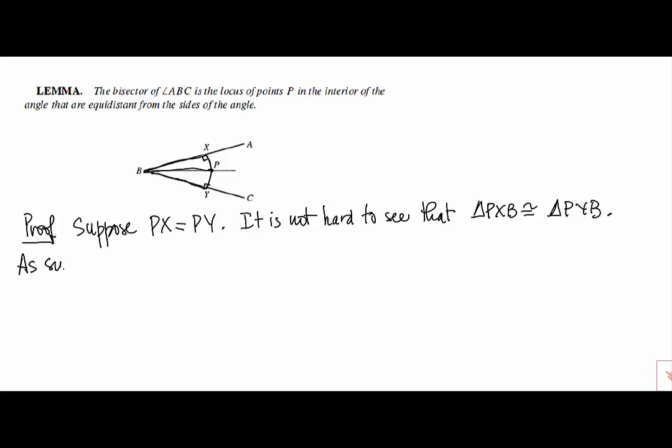So as such, we can then say that the angle XBP, this angle here, is congruent, or equal, let's say in measure, to the angle YBP, which is this angle there.